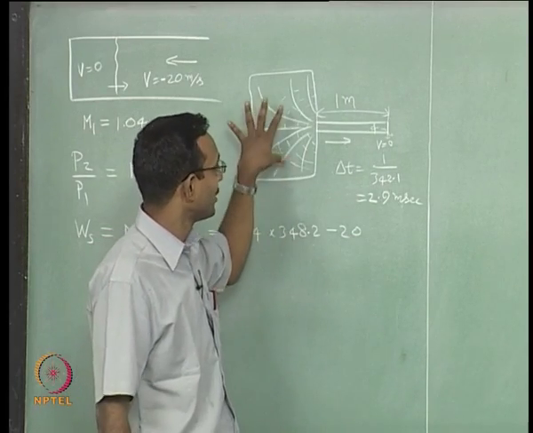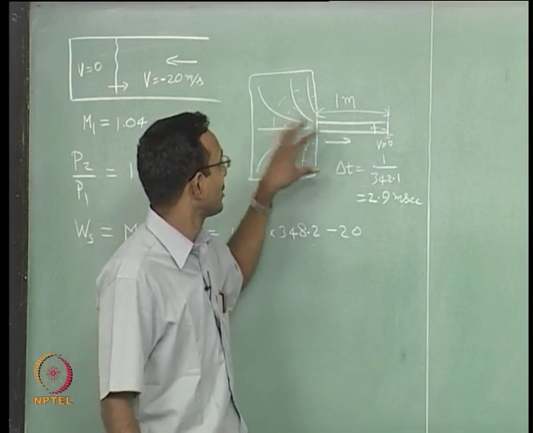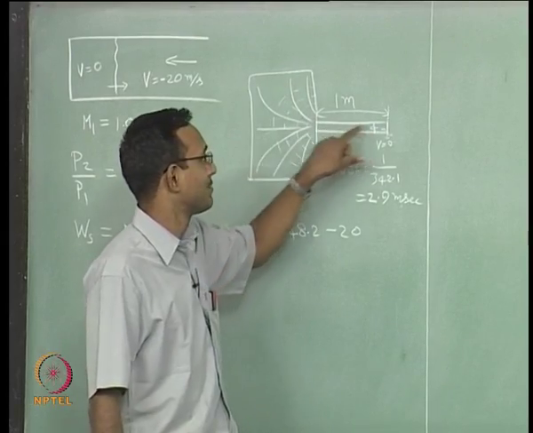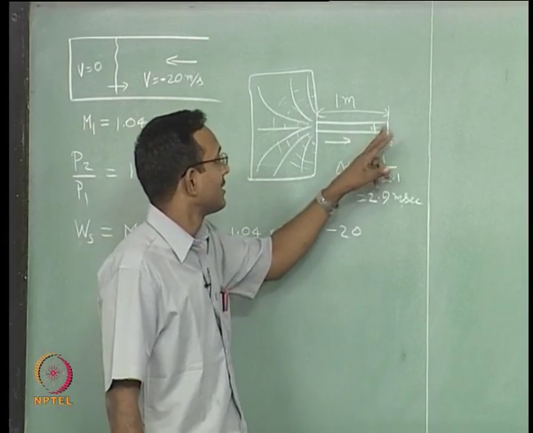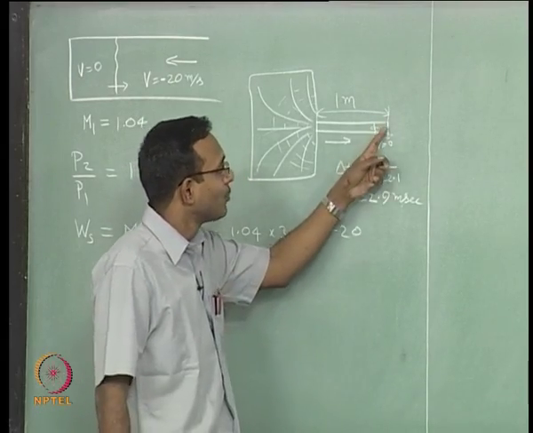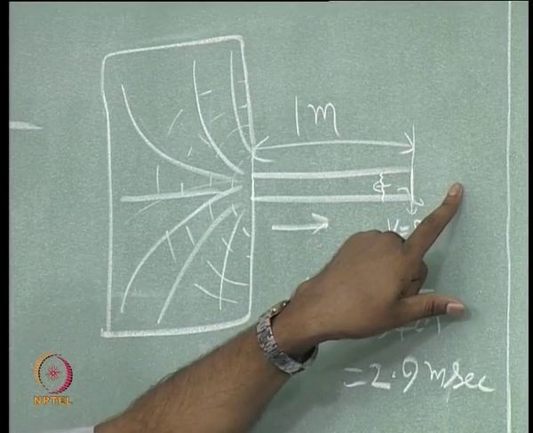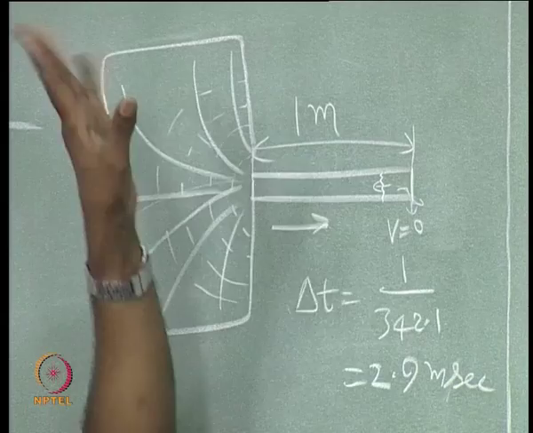Now, I can have a straight opposite problem if you want, this is just going beyond my notes. If I have a straight opposite problem, I am having a tank filled with some high pressure gas, I suddenly open this lid, now there will be a flow created. Why? This is a high pressure region, this is a low pressure region, outside is let us say atmospheric, inside is let us say very high pressure.